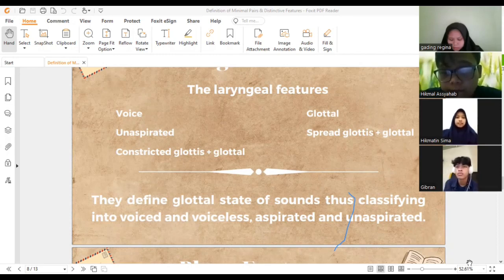The positive annotation is the mathematical sign used to show that a sound has the particular feature in question, and the negative annotation indicates that the sound in question doesn't possess the feature being indicated. In other words, positive means the presence of a particular feature, and negative means the absence of a particular feature.